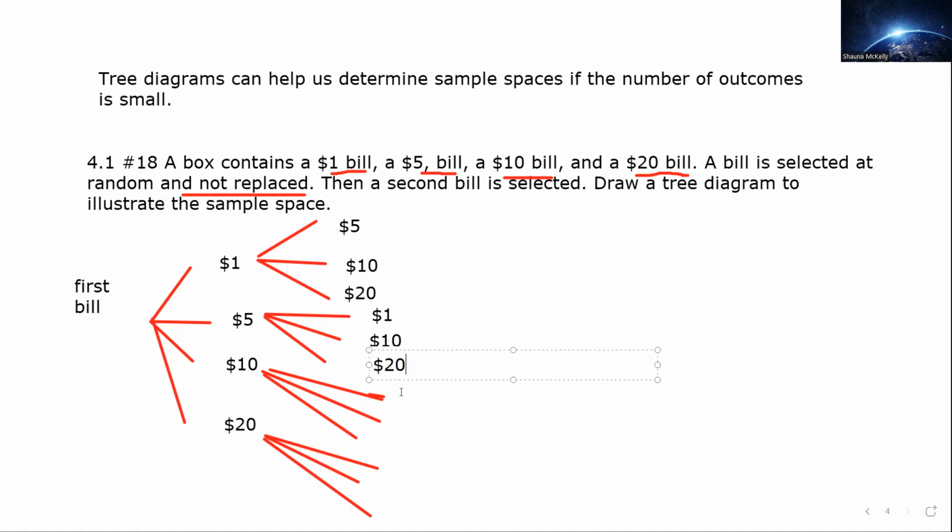Here I have the $10. This is the $1 bill, so I have the 1, I have the 5, and I have the 20 in here.